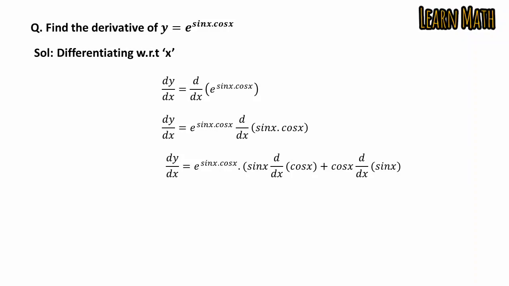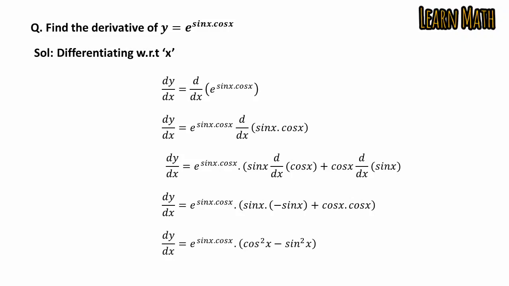Here by using the product rule, first function which is sine x, then take the derivative of the second function which is cos x, plus second function cos x and take the derivative of the first function sine x. dy by dx is equal to e power sine x cos x, and sine x as it is, the derivative of cos which is minus sine x, plus cos x as it is, and the derivative of sine x which is cos of x.